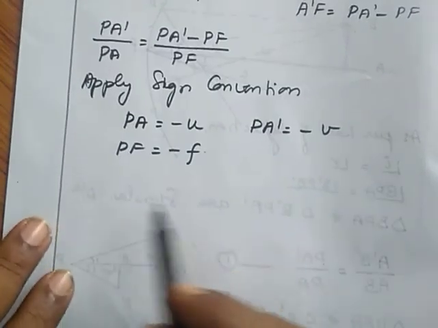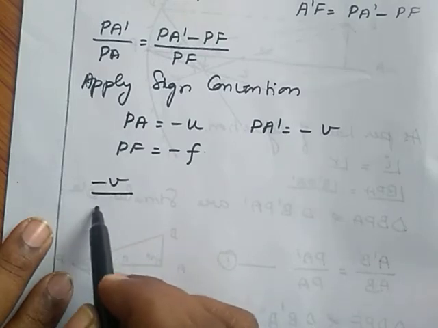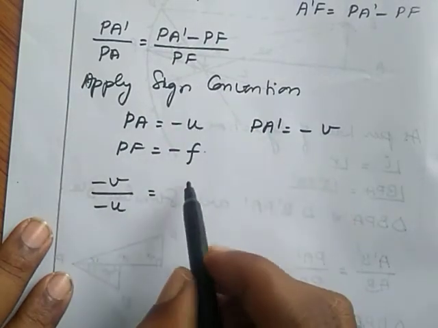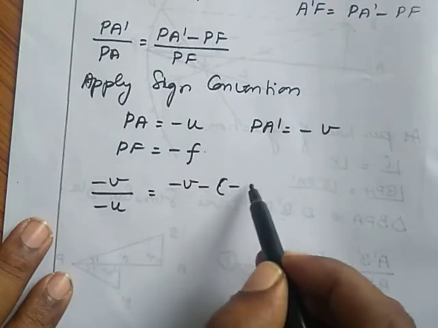Substituting in the above expression, PA dash becomes minus v, PA becomes minus u, and PA dash minus PF becomes minus v minus of minus f.